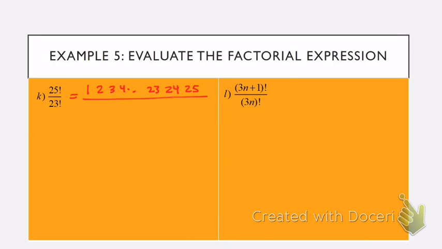Instead of actually taking 1 times 2 times 3 times 4 times 5 all the way up to 25, you can type in 25 factorial by hitting the number 25, then hitting your math button, arrowing over to probability, and for most of you it'll probably be number 4 that is your factorial button.